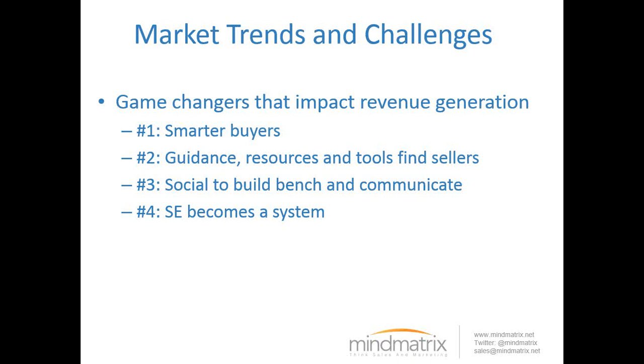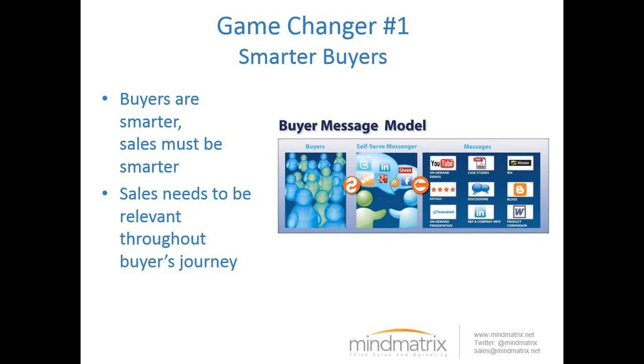And one of the things you're going to notice as you look at this model here, we're going from a model where information made its way through our sales force to the buyer. Now look at the opposite. Look at the buyer basically self-messaging, and they're finding that content, the videos, the references, the analyst viewpoints. They're finding this on their own.